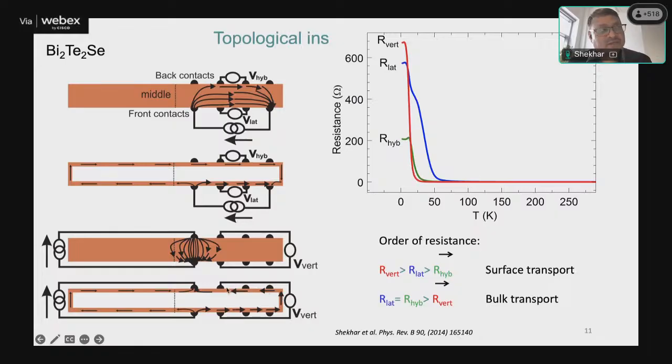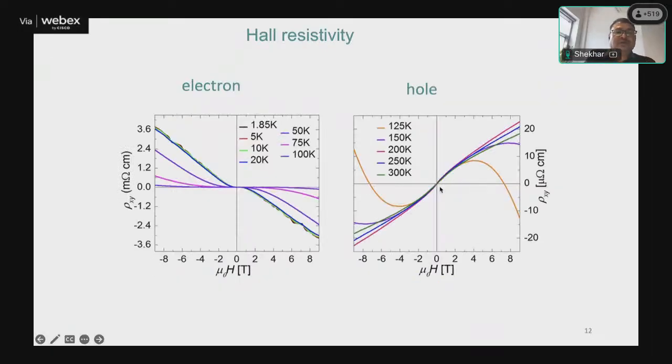That means the current is traveling a long path, the longest path. That's why the resistance has the highest value.